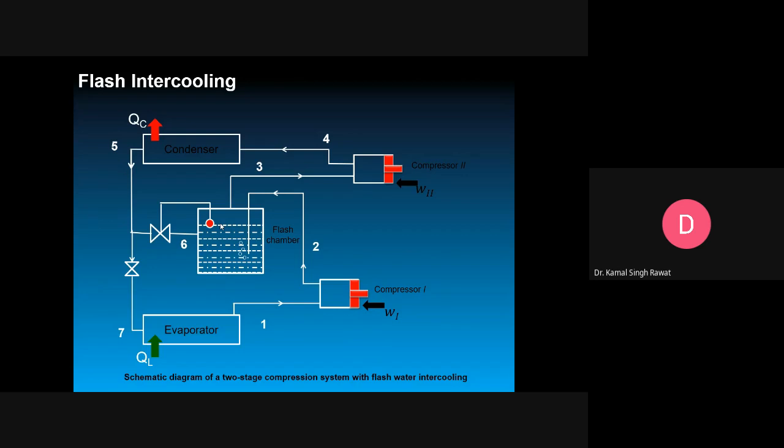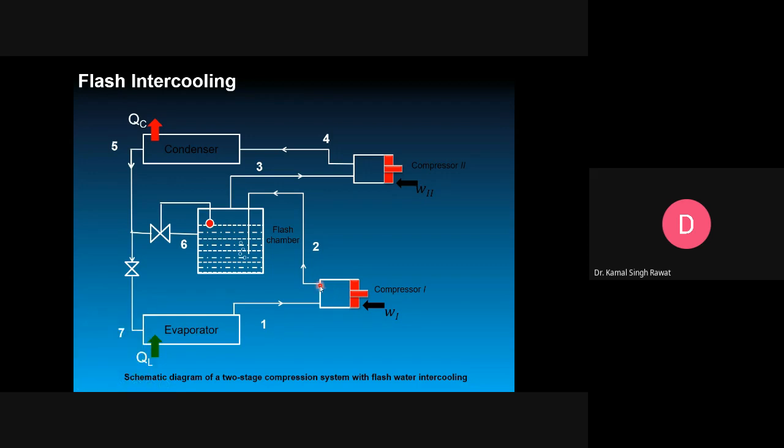In this flash intercooling, we are again using the flash chamber or flash tank. In this flash tank, the superheated vapor coming out from the compressor first. So we have a multi-stage system and we have two compressors.